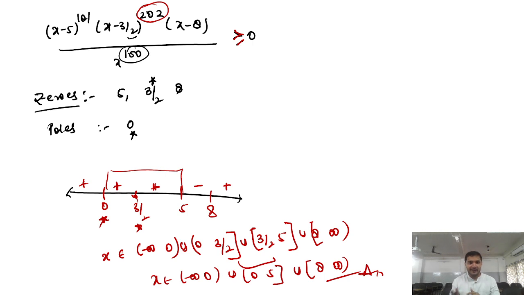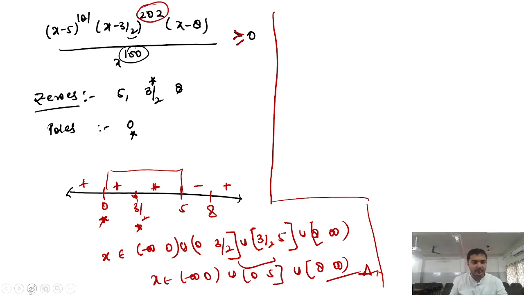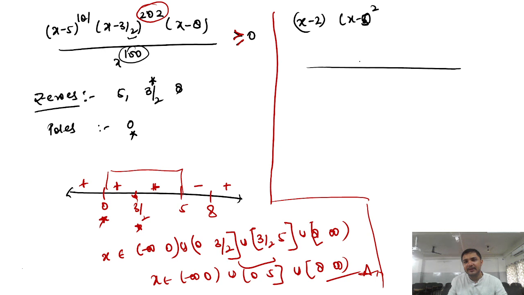Clear? Okay, next. Sir, you said you would explain why even powers do not make any change in the sign. Okay, we'll see. Tell me, let's say we have x minus 2, x minus 3 whole square, and x minus 5 whole square. Let's say I'm substituting 2 here and 5 here.